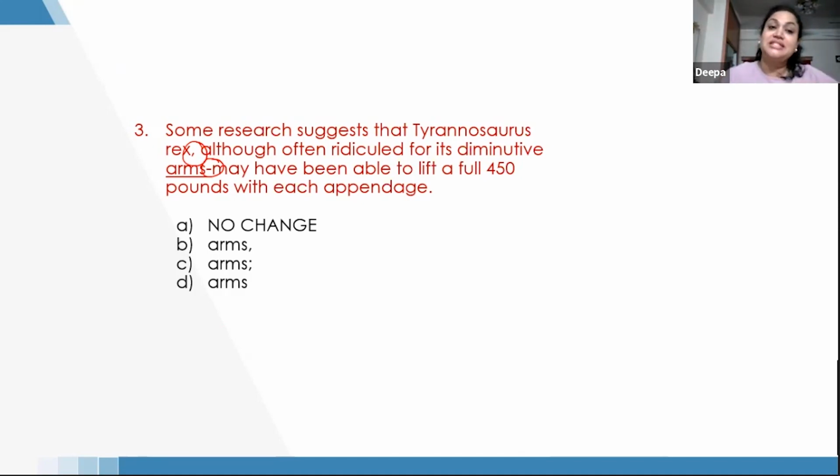Some research suggests that Tyrannosaurus rex may have been able to lift a full 450 pounds with each appendage. That makes sense, right? So although often ridiculed for its diminutive arms is additional information about Tyrannosaurus rex, and the next part of the sentence is a contradictory statement about it.